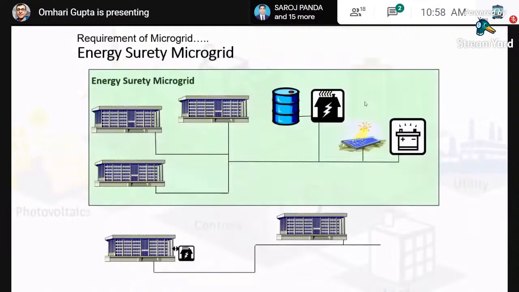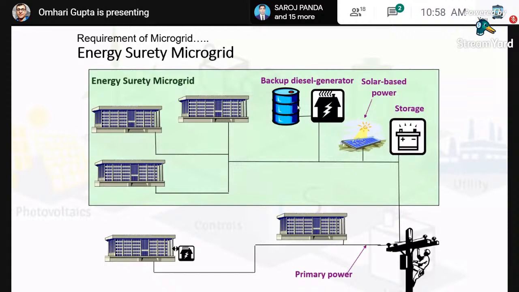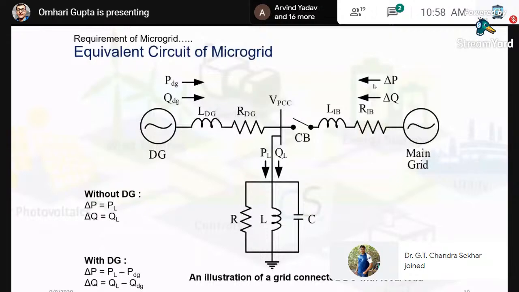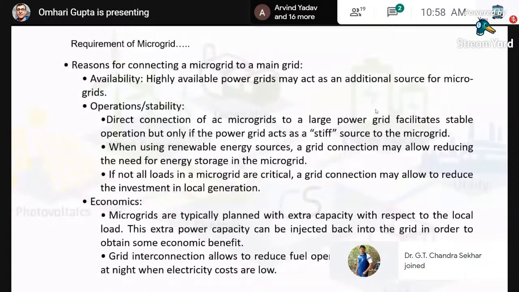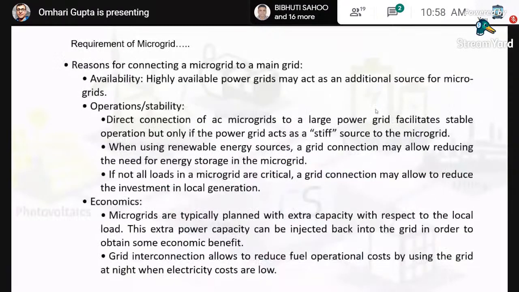Instead of switching on this backup generation, you may consume this supply at night, and during the day you will have sufficient power generated out of this. So those are a few economic advantages if you have grid connectivity available. So it is always preferred to connect your microgrid to the grid rather than operating it in an autonomous mode.